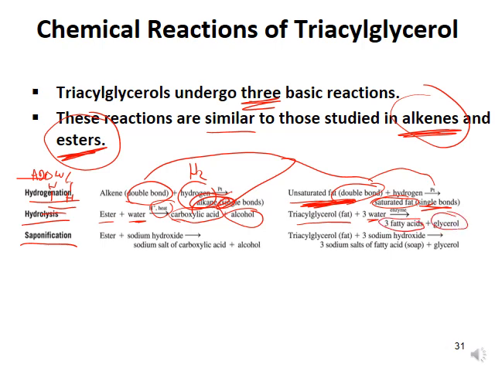And in saponification, remember this one was in acid, and this one, saponification, is in base. We have an ester, react it with base, and what do we end up making? Not the carboxylic acid from the acid, but the salt of the carboxylic acid, the carboxylate ionic compound, and then the alcohol.